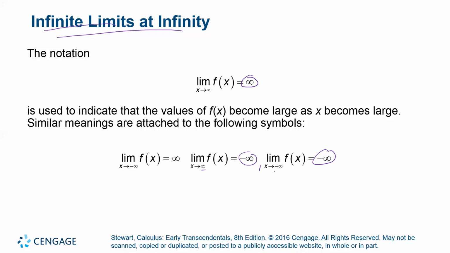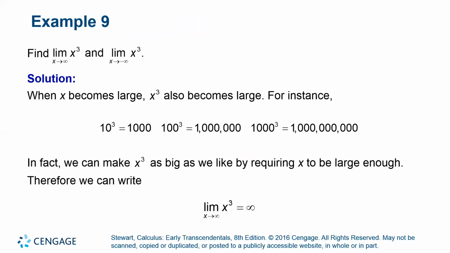We'll look at some specific examples. Let's look at x cubed. You notice that if x approaches positive infinity, let's say x is 10, x cubed is 1,000. If x is 100, it's 1,000,000. If x is 1,000 and you cube it, you get 1,000,000,000.